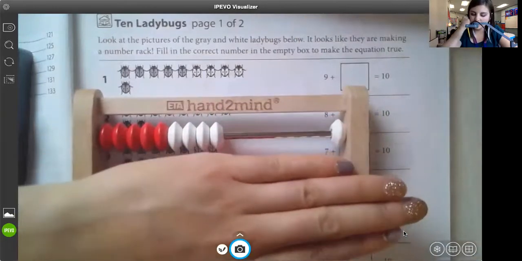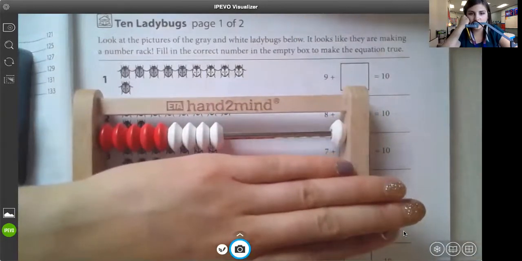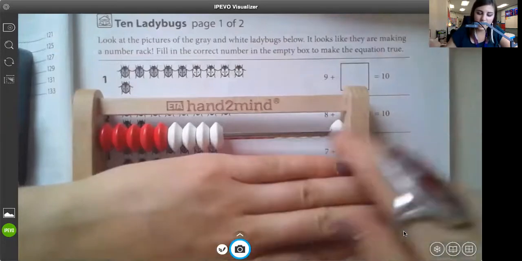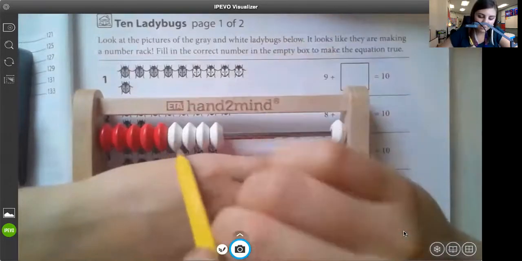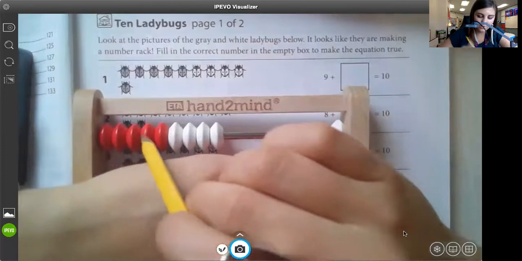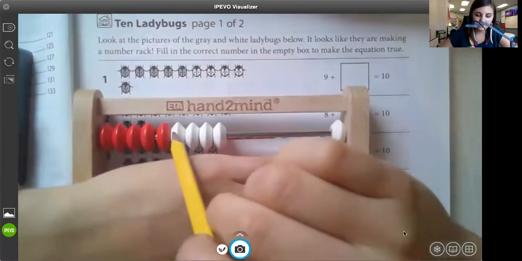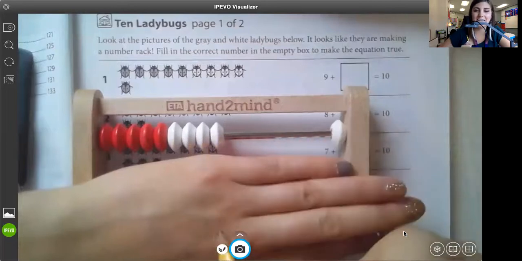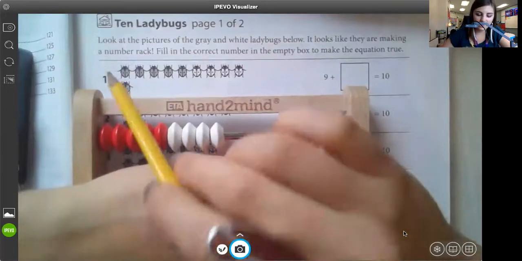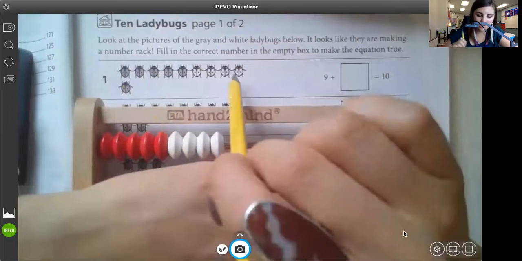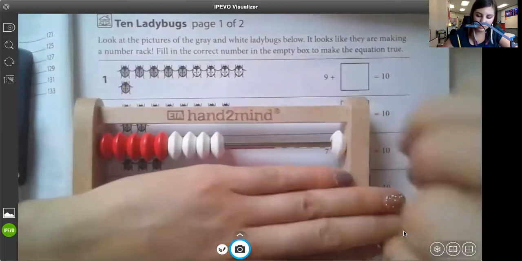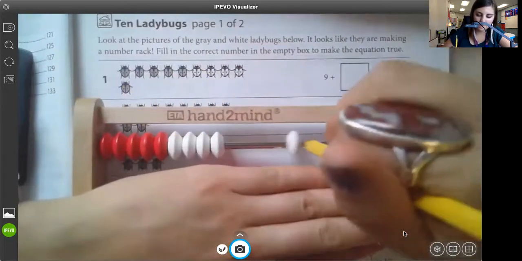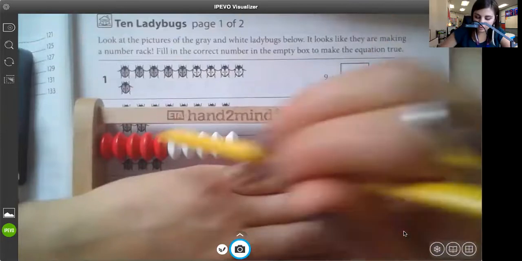If I cover the bottom portion and we're just looking at the top number rack, I know that there are 5 red beads over here. 1, 2, 3, 4, 5. Let's count on 6, 7, 8, 9. 9 plus, look at this bottom bead, plus 1 more is what? It would be 10, it'd be the full 10.